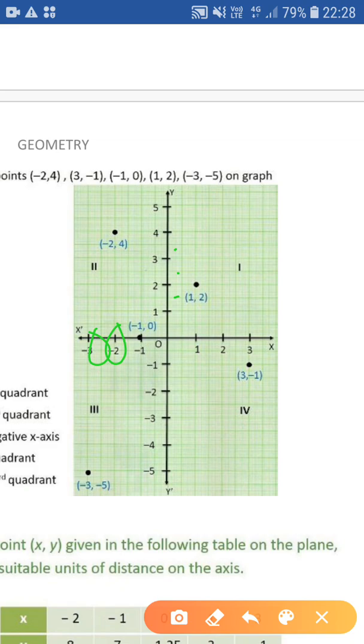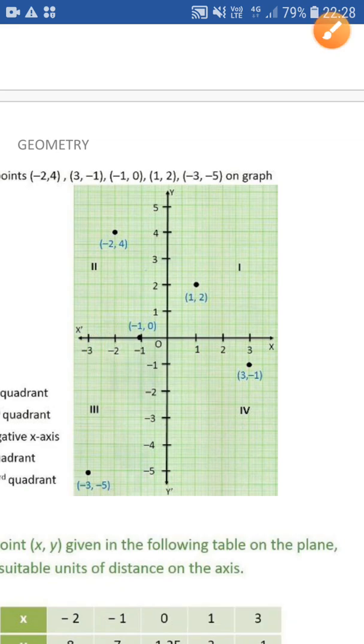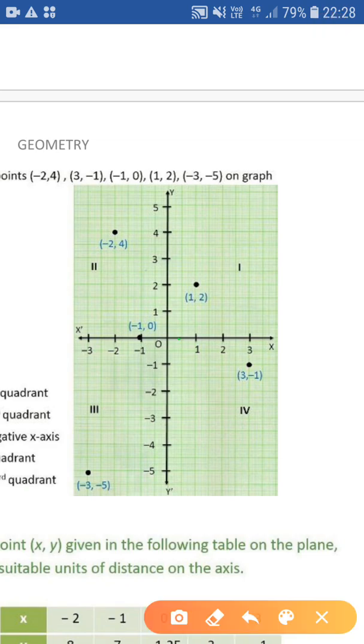Now we locate the point. Let us start with (1, 2). 1 comma 2 means the first number tells you how many units you have to move either to the left or to the right. Because it is positive, we move 1 unit to the right side, and then the second number tells you how many units you have to move up or down.